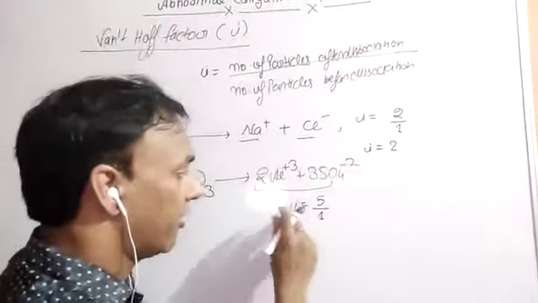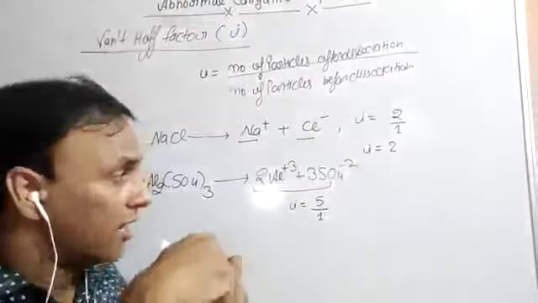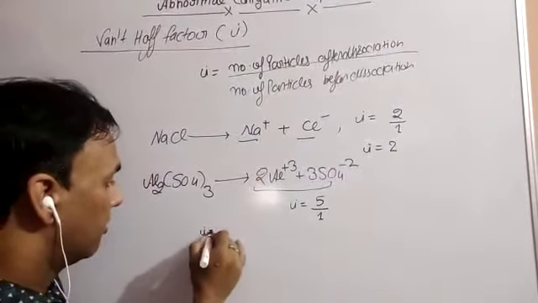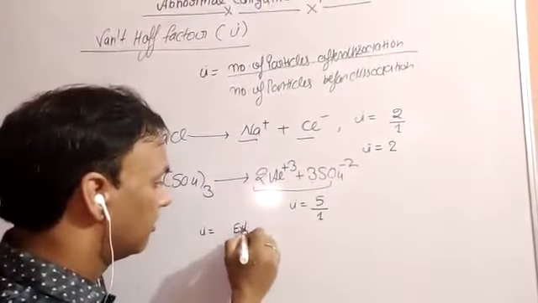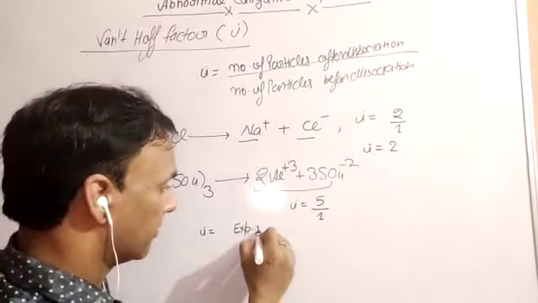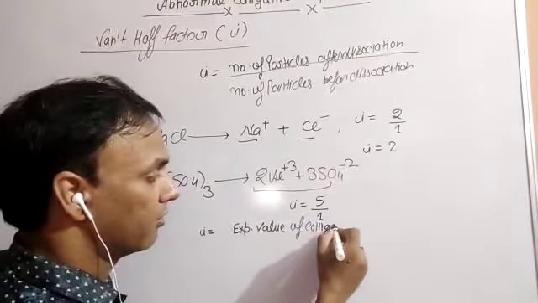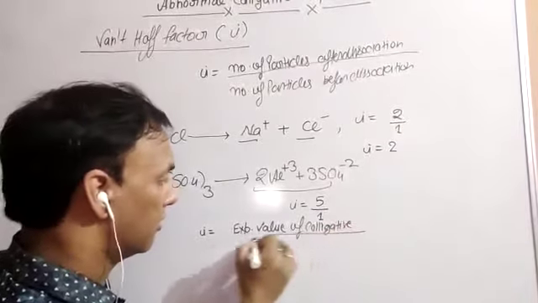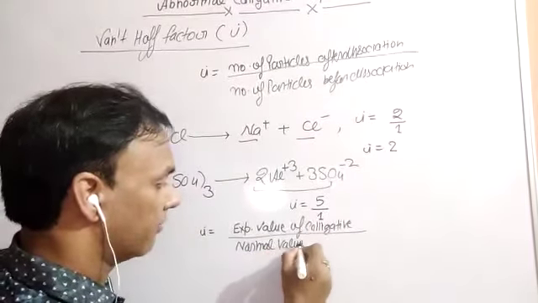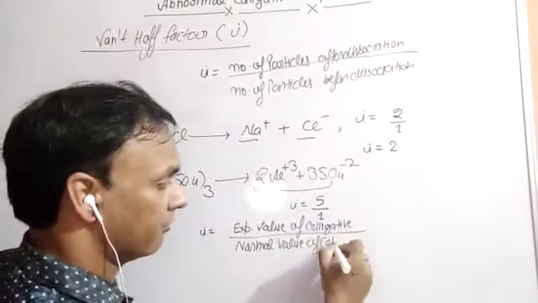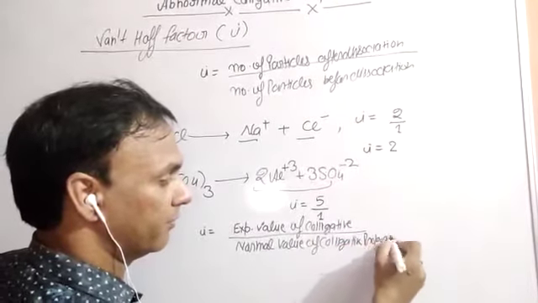So the Van 't Hoff factor for this compound is 5. Clear? And the Van 't Hoff factor i is also equal to the experimental value of colligative property upon the normal value of colligative property.